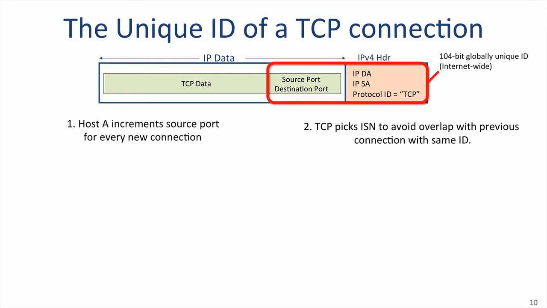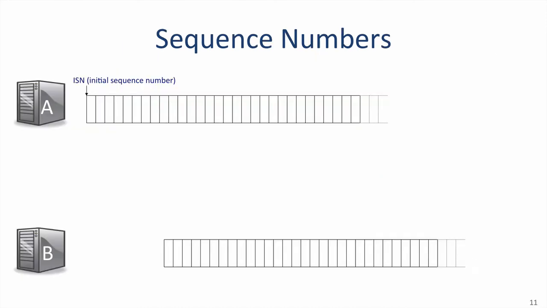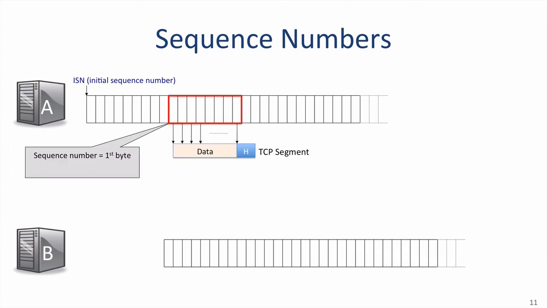When host A initiates the connection to B, it includes the initial sequence number it will use in the stream of bytes from A to B. When B replies and initiates the connection from B to A, it supplies its own initial sequence number for the stream of bytes from B to A. So to summarize how sequence numbers work, the sequence number in a segment from A to B includes the sequence number of the first byte, offset by the initial sequence number.